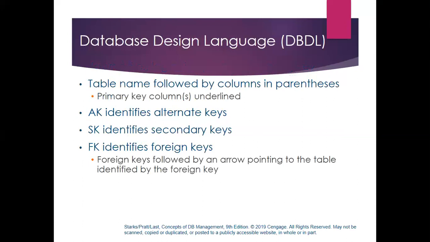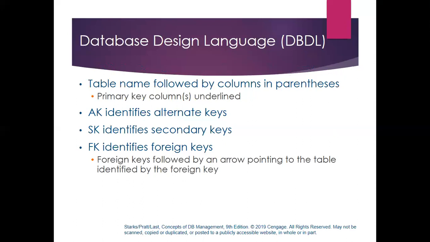The database design language is a standardized way of describing entities of a relational database. When using the database design language, you write the table name followed by the columns that make up the table in parentheses.